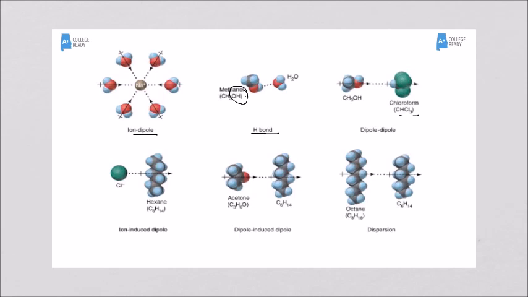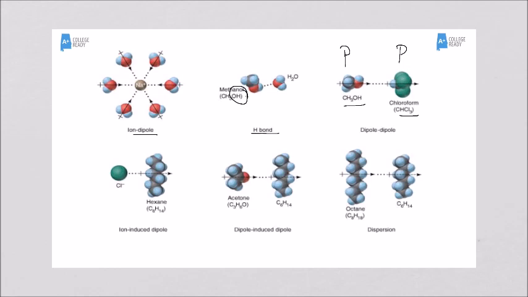So it would have a net dipole, so it would be polar, and it couldn't hydrogen bond with the methanol. This is the same molecule as we saw previously. But since they're both polar, this is polar, this is polar, that's where we get that dipole-dipole attraction.